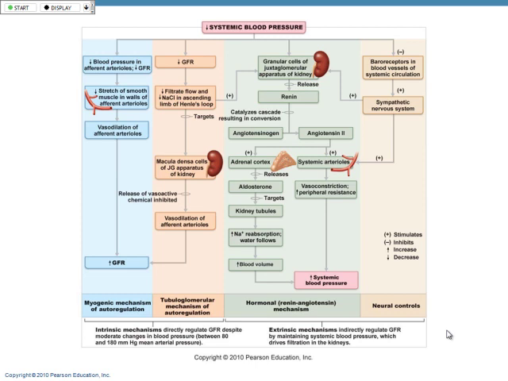So we need to bring it up. So how are we going to do that with respect to the renal system? How do we really quickly increase blood pressure with respect to the renal system? We increase the amount of water reabsorption back into the circulatory system. Yes? So what's aldosterone's role in that process?